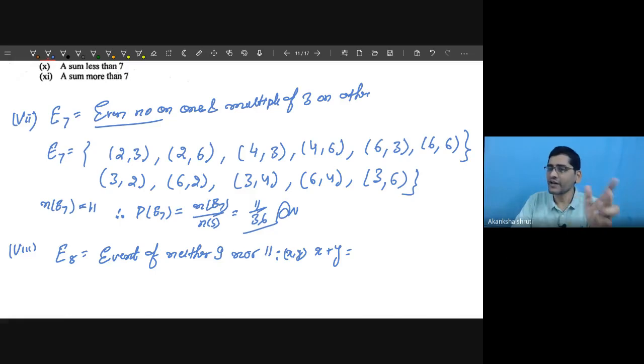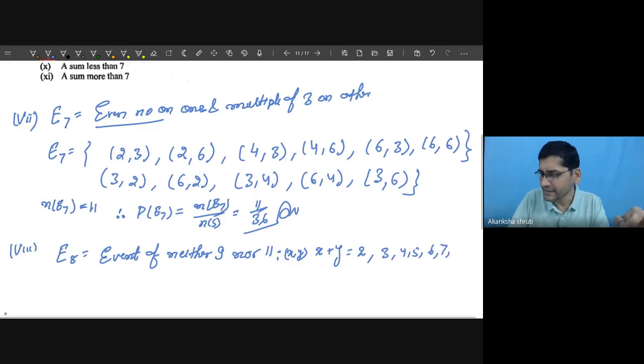So 6 plus 1 can be 7, or one can have 1 and the other also 1, so 1 plus 1 can be 2. So the sum can be 2, 3, 4, 5, 6, 7, 8, 9, 10, 11, 12, 13, 14 and so on.